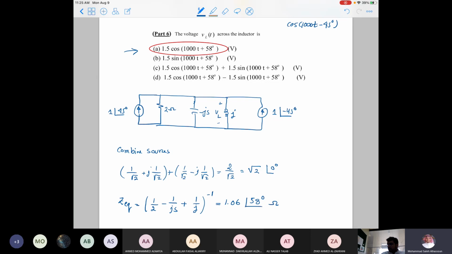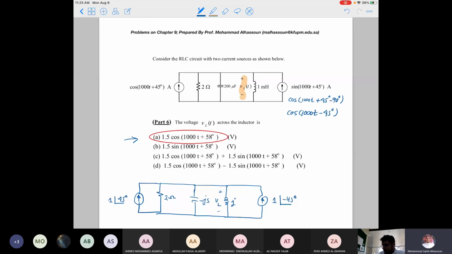The problem is similar to when you have a resistor. If I ask you what's the voltage here, you will say the voltage across the parallel combination. So you combine these sources, then you combine the resistor. Oh, okay.